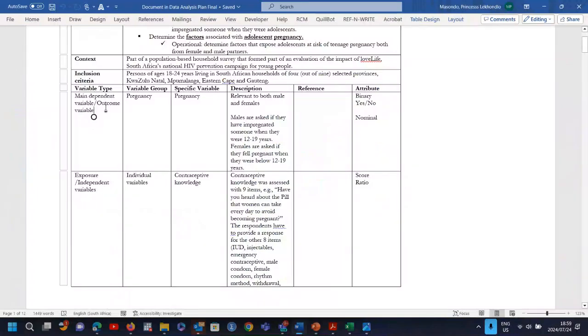The dependent, the focus, is whether you impregnated someone or whether you fell pregnant when you were an adolescent. Then you describe the scale here. It's going to be a yes or no. A yes or no is a category. Others will go into the yes category, others will fall into the no category. It's not a number, and it doesn't have order.